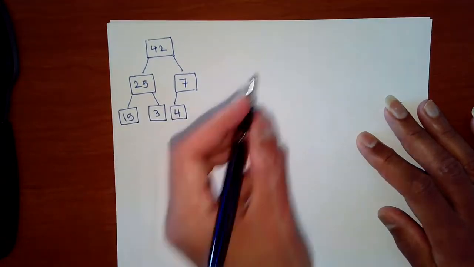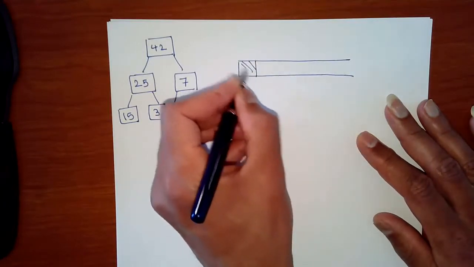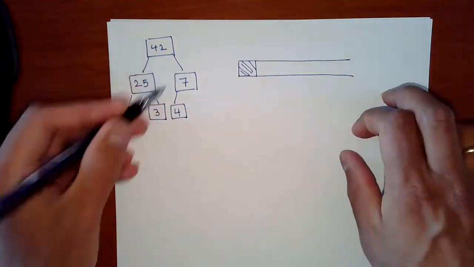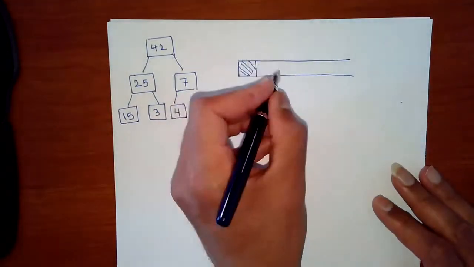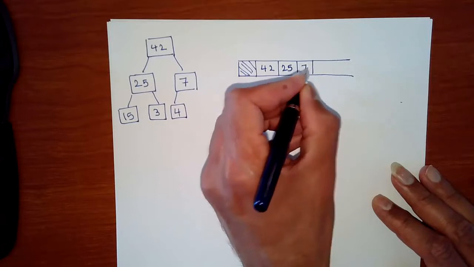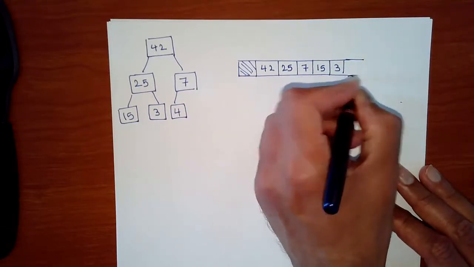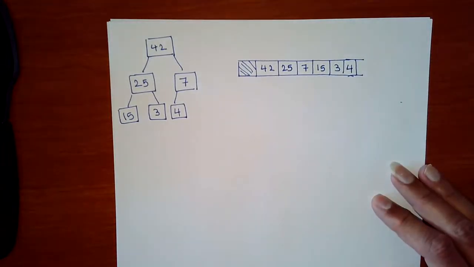So this is a heap when it's actually structured, and I'm only writing out the keys, not writing everything. So here's 42, 25, 7, 15, 3, and 4.